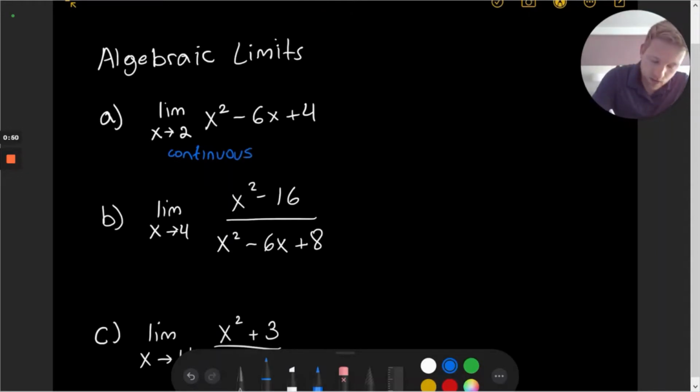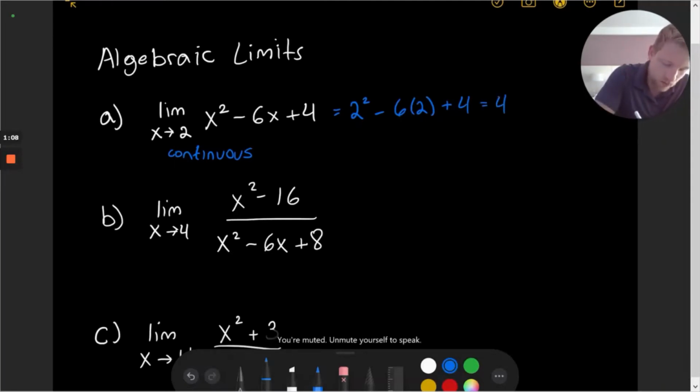So here we can just evaluate this limit at x equals 2. So this would be 2 squared minus 6 times 2, and then plus 4. If we work this out, we'll have 4 minus 12 plus 4, which will give us negative 4 to be the solution.